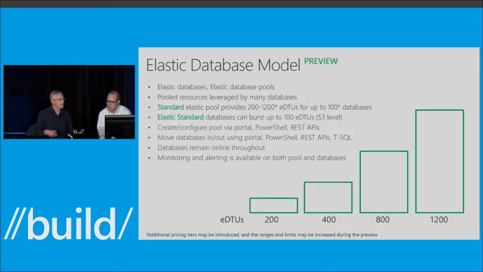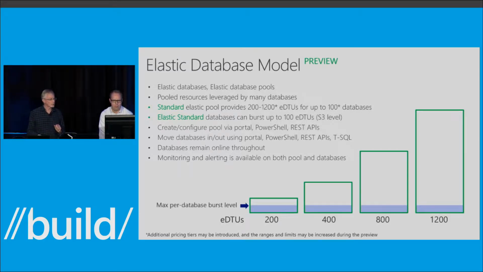You can move databases in and out, and databases remain online throughout, whether you're moving them in or out or between pools. We've also got monitoring and alerting facilities. Today you can monitor and be alerted on changes to the performance of an individual database. You can now get the same experience across the pool itself. So let's go take, actually before we do that, just illustrate a couple of points here.